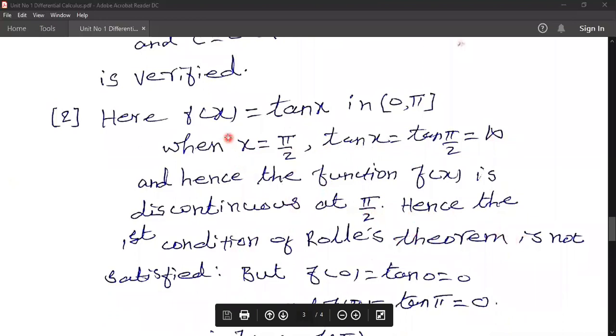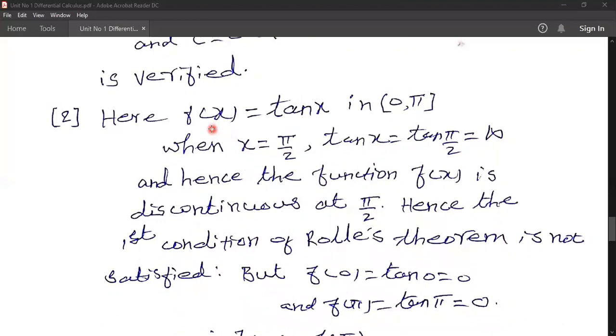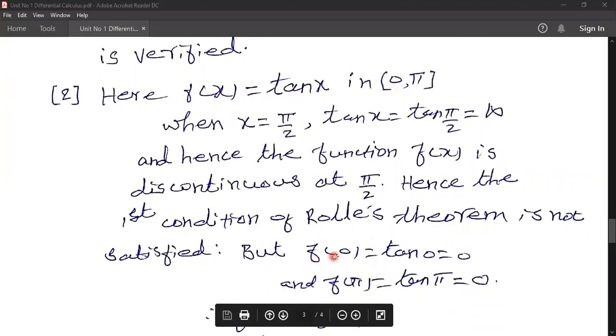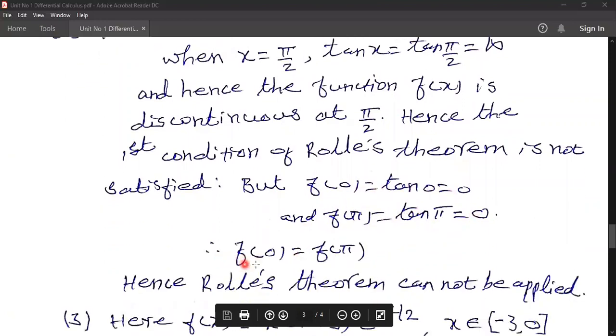And also, f dash of x equal to secant squared x exists in the open interval 0 and pi. Also, f of 0 is equal to tan of 0, which is equal to 0, and f of pi is equal to tan of pi, which is also equal to 0. These two are equal to 0. Therefore, f of 0 is equal to f of pi.